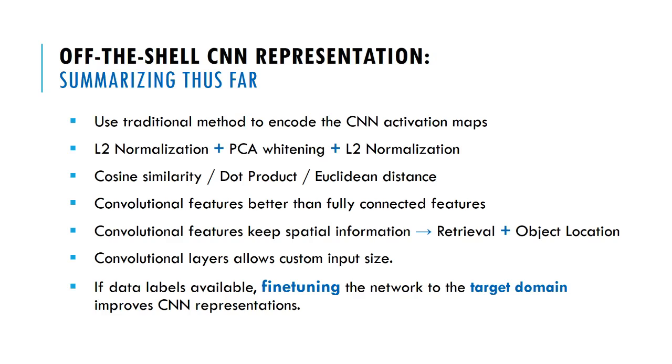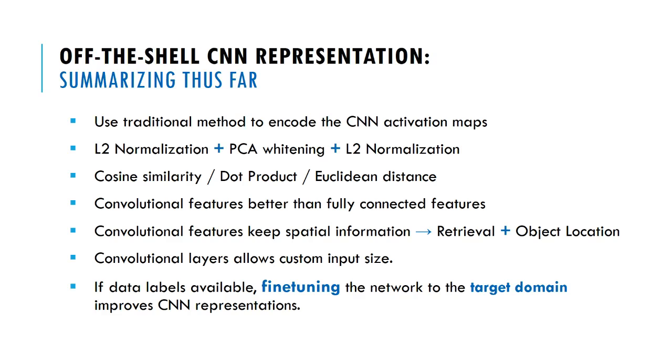So again, let's summarize so far. So far, the summary is that you can use traditional methods to encode the CNN activation maps, and sometimes it's better or worse. It really depends on what your task is. There is a process you do want to apply for each of these feature vectors before you actually want to use it in search.